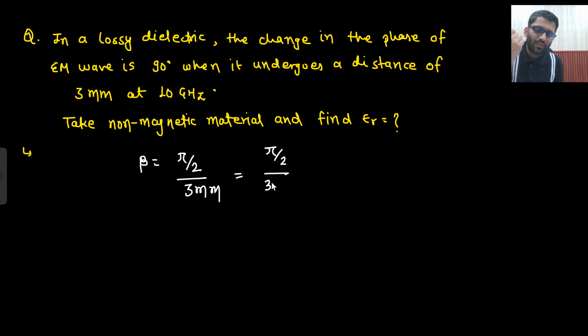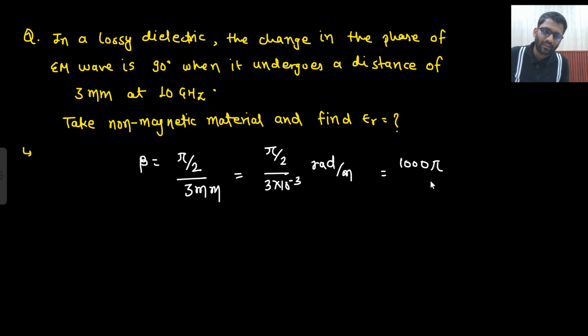So pi by 2 over 3 into 10 to the power minus 3. That is your radian per meter. Okay, so I can write it down as 1000 pi by 6 radian per meter.